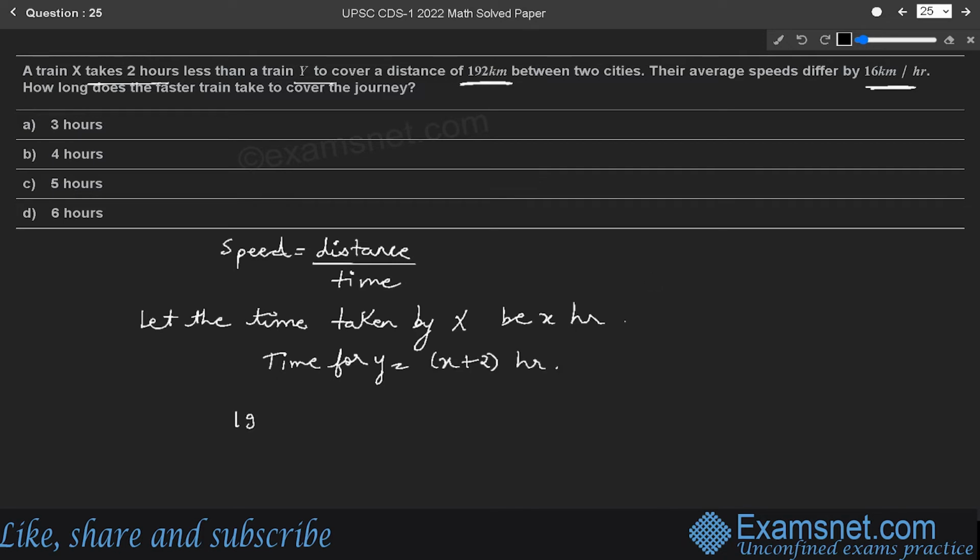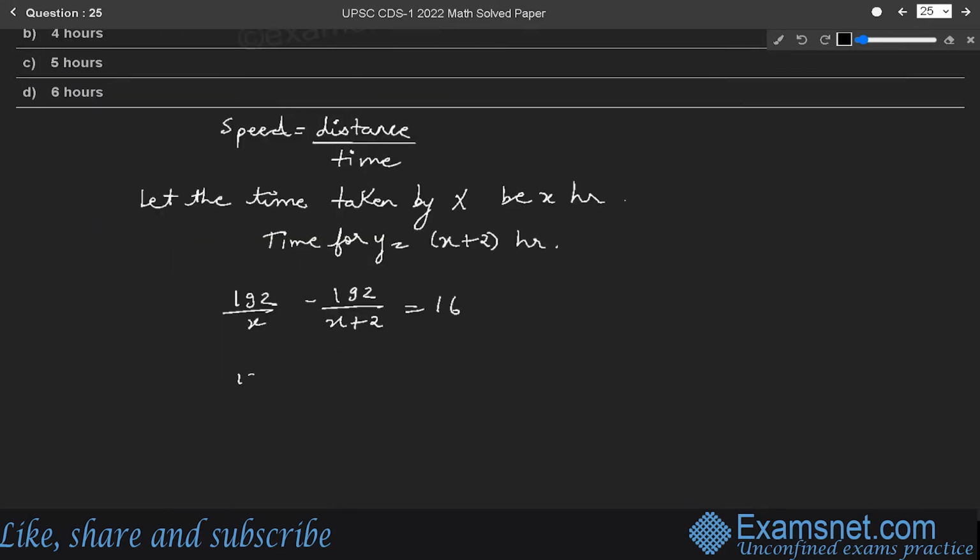According to the question, 192 upon x minus 192 upon x plus 2 is equal to 16. On further solving this, we will get 12 upon x minus 12 upon x plus 2 is equal to 1. From here, we can use the options to find the answer directly.